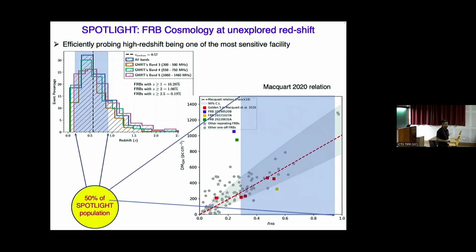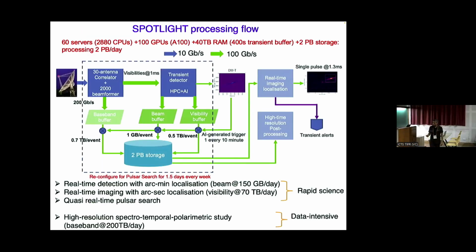Almost 50% of the predicted population of Spotlight is going to fill up this part of the redshift, where there are some voids. And MeerTRAP is pushing this towards the right. So it's sitting in a nice space between the current population which we have seen and the population coming out of the MeerTRAP project. Hopefully, this is the population Spotlight is able to probe. So a bit more on the pipeline.